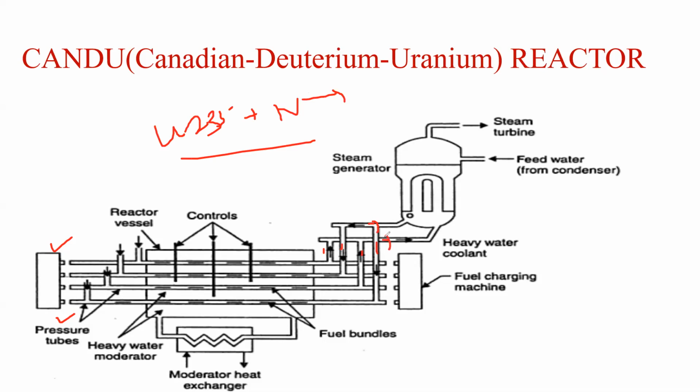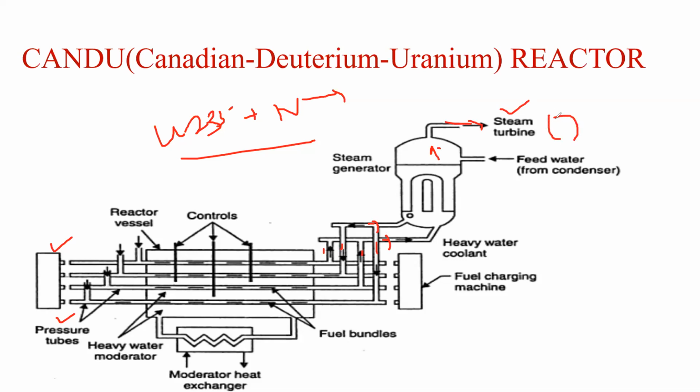After this, the steam passes to the steam generator. What is the function of the steam generator? It maintains the temperature according to our requirement, and it passes to the steam turbine. What is the function of the steam turbine?